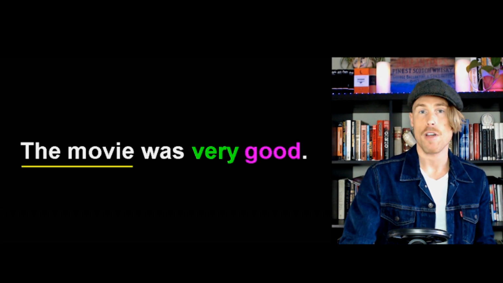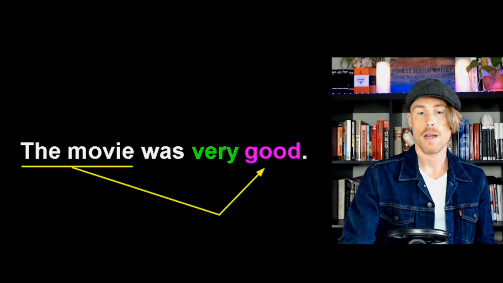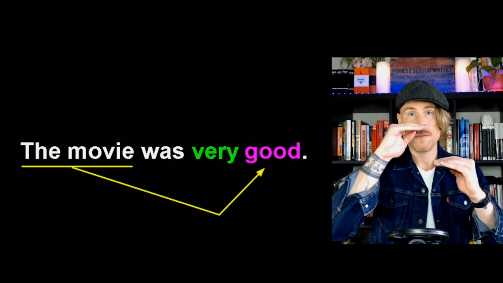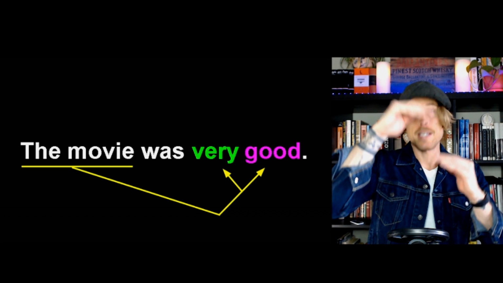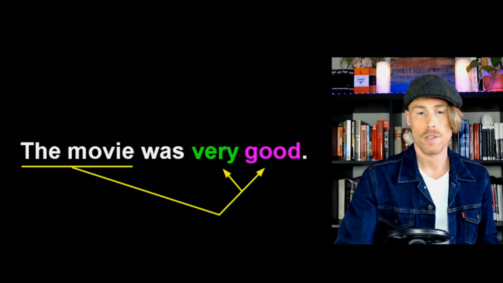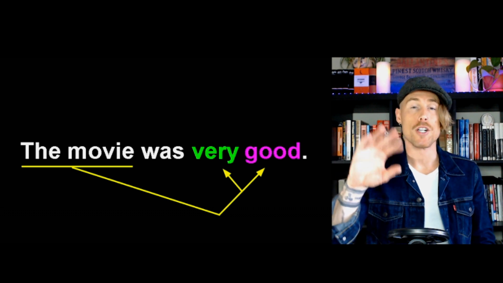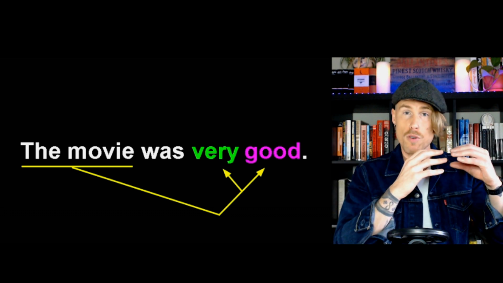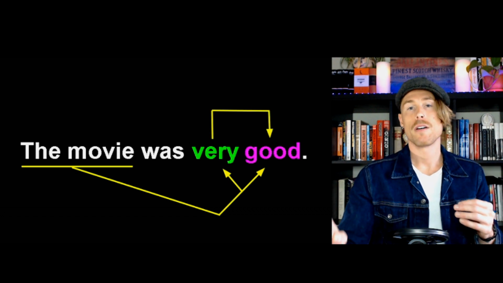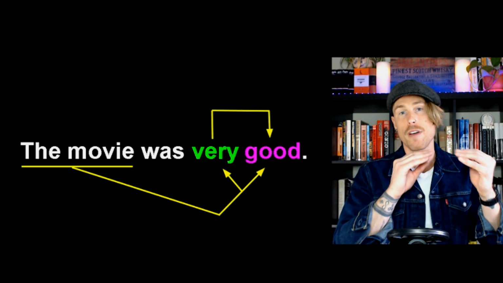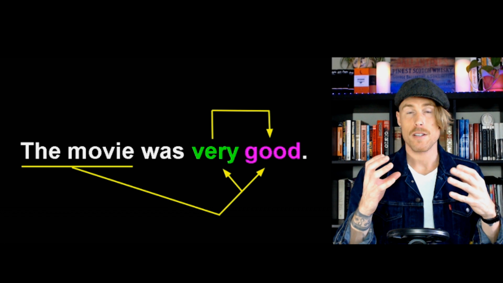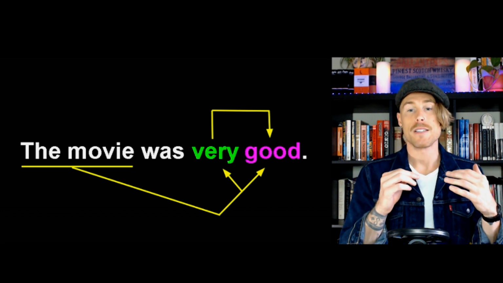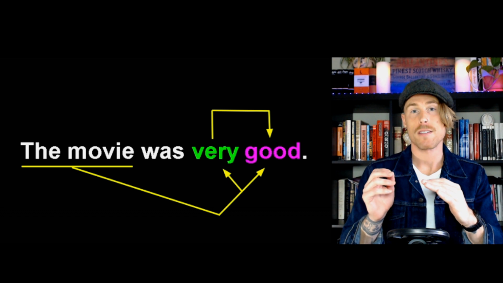So we have the subject, and we can say the movie was good, or the movie was very good, even more good. So very good goes with the movie, and good goes with very. So good modifies the movie, and very modifies good.